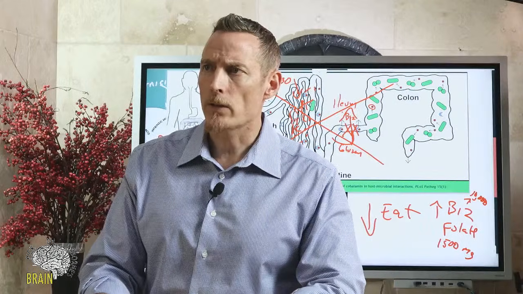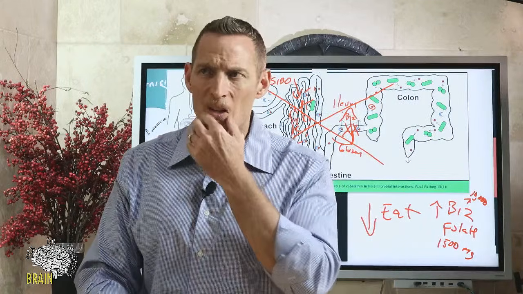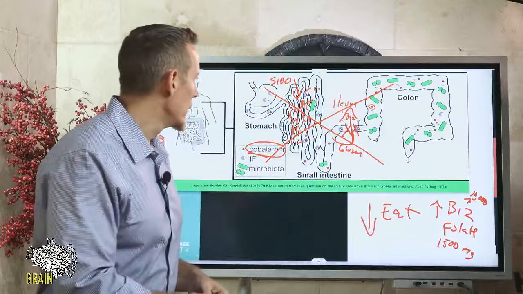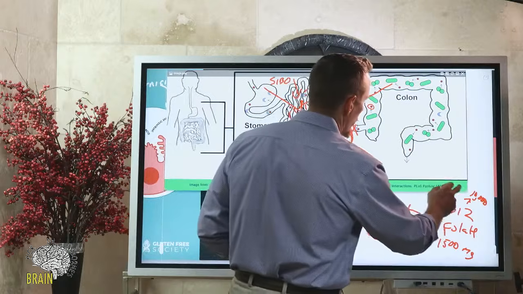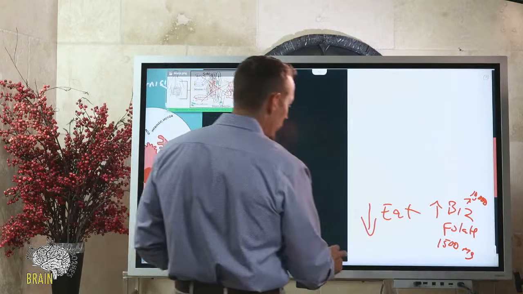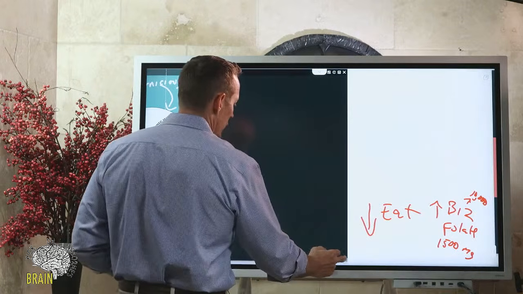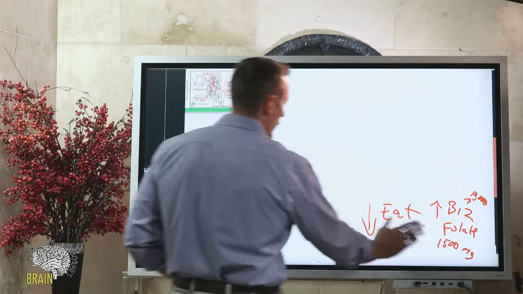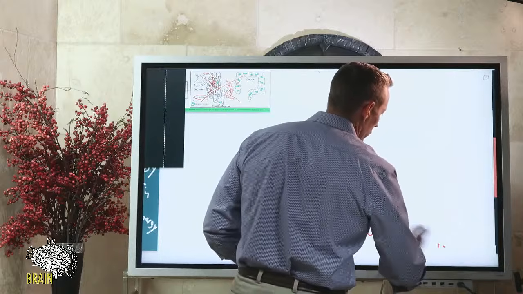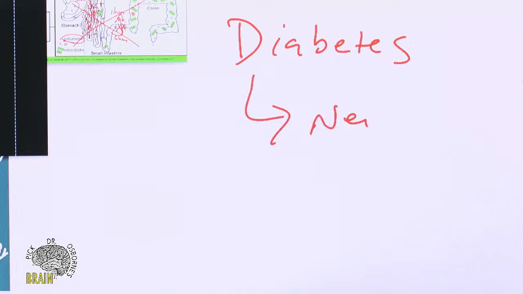And it's ironic. I'm glad you actually asked that question, because metformin is used to treat diabetes, which is high blood sugar. And if we look at diabetes as a whole, one of the biggest side effects is neuropathy.